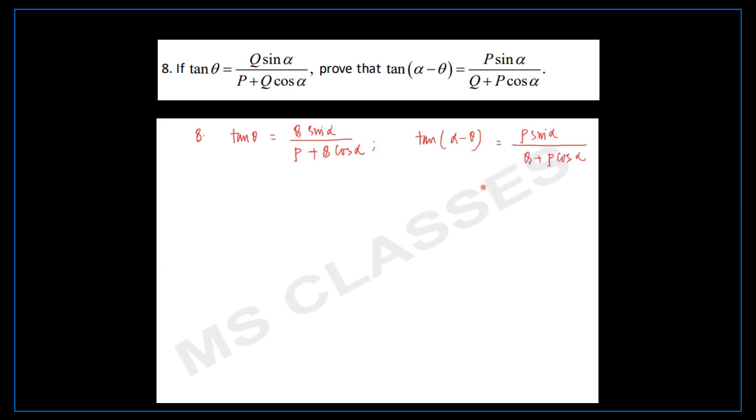So this is what you have to find from this one. That is, this is the known part and this is the unknown part. Here our main focus is on alpha minus theta. Now, if we find tan alpha minus theta, if we use the formula, what is the formula? It's tan alpha minus tan theta by 1 plus tan alpha tan theta.